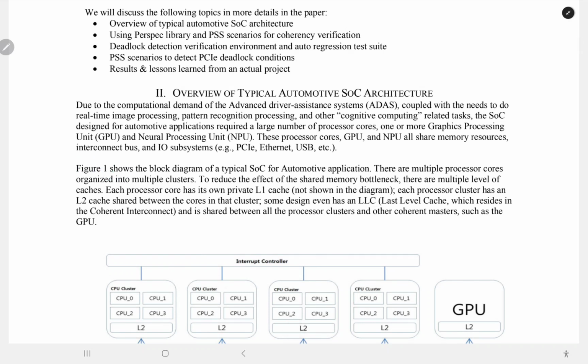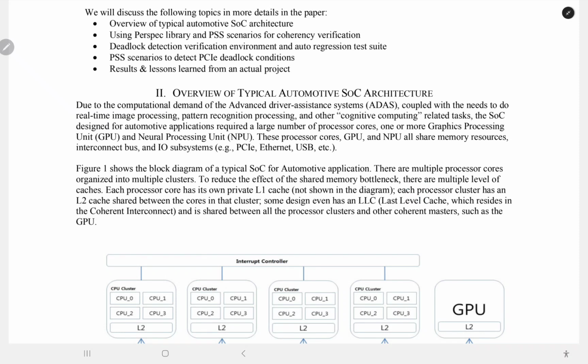Figure 1 shows the block diagram of a typical SoC for automotive applications. There are multiple processor cores organized into multiple clusters. To reduce the effect of the shared memory bottleneck, there are multiple levels of caches. Each processor core has its own private L1 cache, as shown in this diagram.